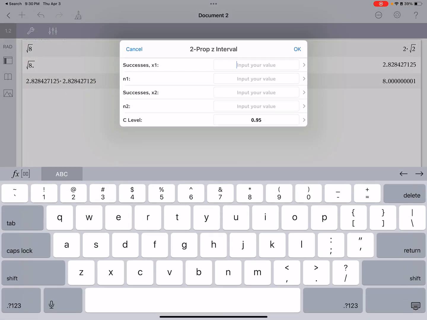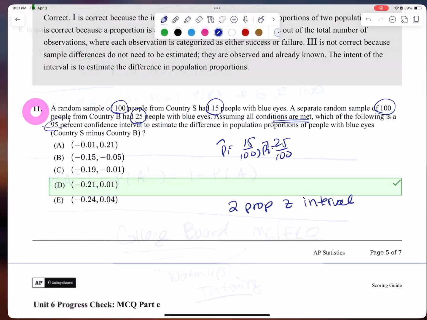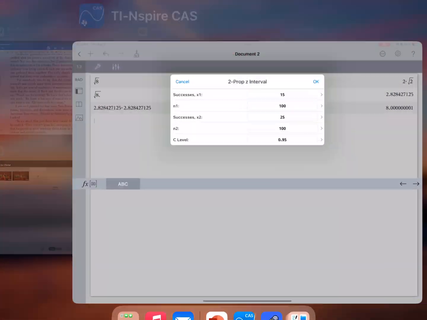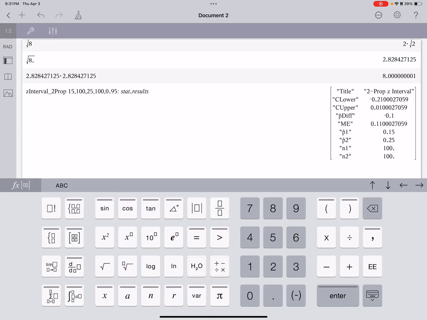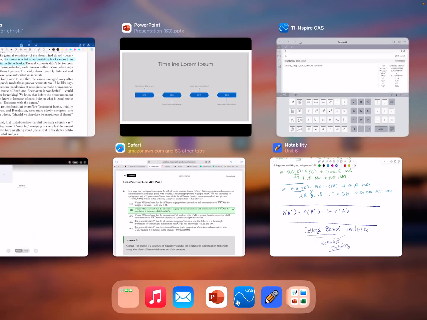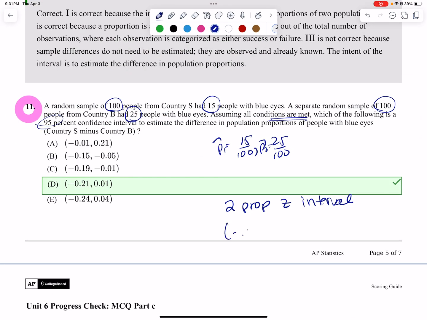And we had, if I remember right, 15 out of 100 and 25 out of 100. And I believe it asked for 95%. Let me just double check. Yes, it did. And I hit OK. And there we go. My confidence interval is right here, negative 0.21 to positive 0.01. So I got negative 0.21 to positive 0.01, and that is indeed what we got here.